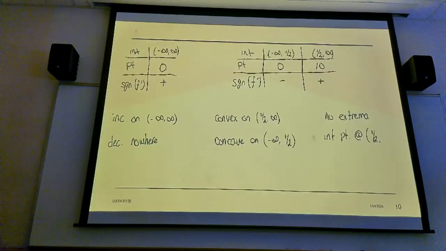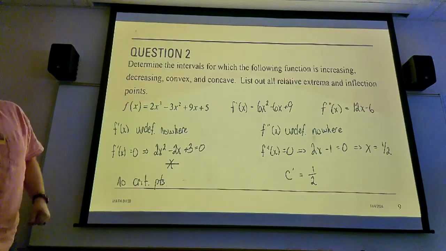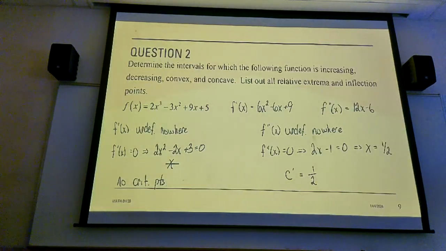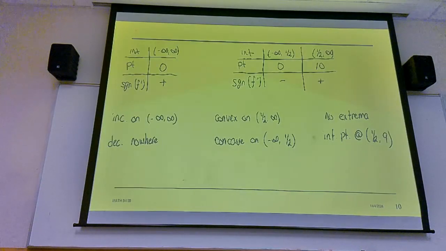Change of sign at 1/2. And there's the analysis.